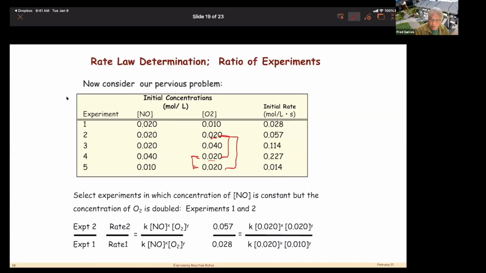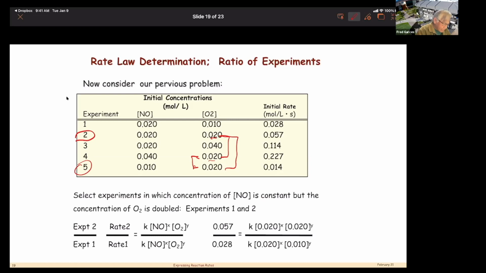It doesn't really matter. You get the same result. Let's say I take 2 and 5, because that's what I worked out. But again, you could easily pick 2 and 4, or 4 and 5.